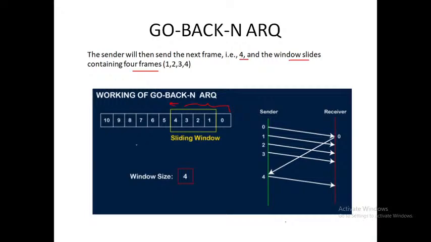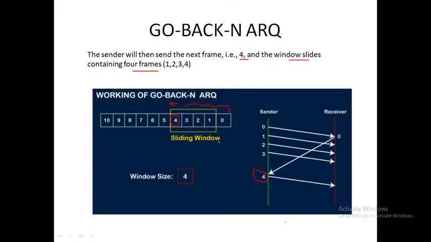So this 1, 2, 3, 4 will be the new sliding window. Then what is the new frame you have gained here? Frame number 4. So frame number 4, which you have gained, you will now send.